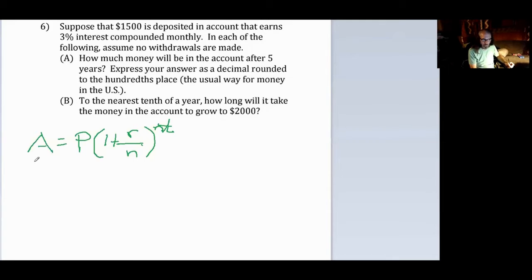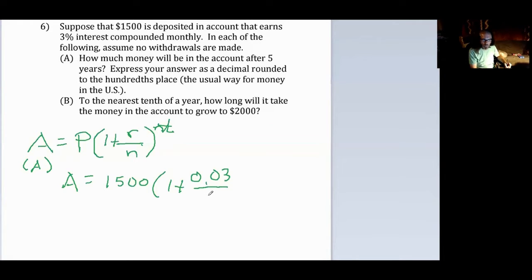So in part A, we have how many years? Going back to the original information, $1,500 was put in. We've got an interest rate of 3%, so 0.03 as a decimal.